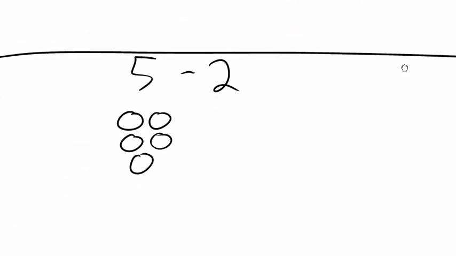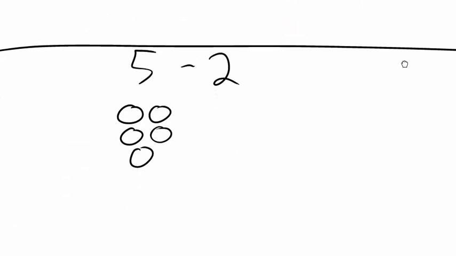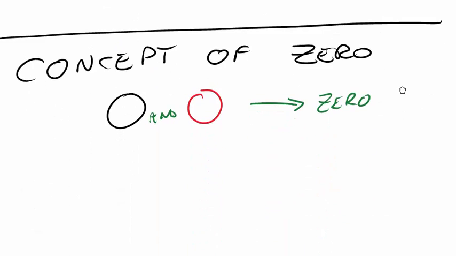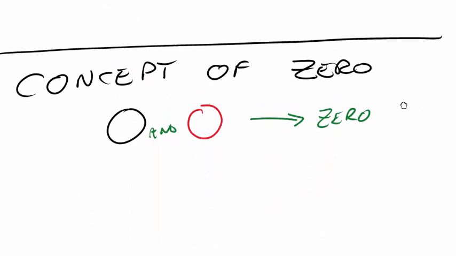What would happen if instead I subtracted 2 chips? Well, that's not bad. I've got 5 chips there. If I take away 2 of the chips, then what remains are 3 chips, so 5 minus 2 must equal 3. Adding puts in, subtracting takes out. All right? This is a really important idea.